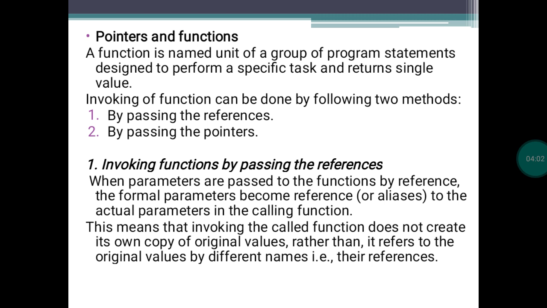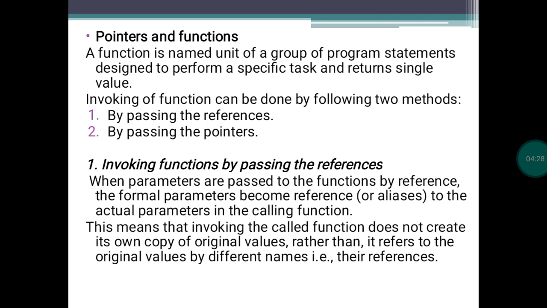See, once again I will explain. This means that invoking the called function does not create its own copy of original values; rather, it refers to the original value by different names. Whatever values are there in the called function, we are just referring to them. We are not creating new values or changing any original values.